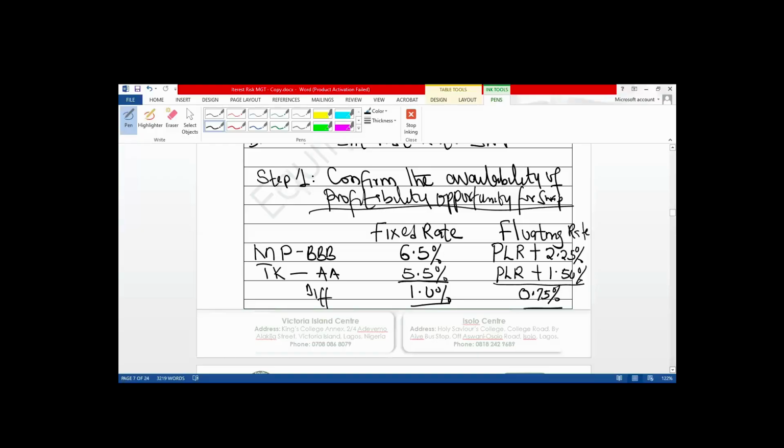You have the fixed rate for MP, 6.5. Floating rate for MP, prime lending rate plus 2.25.